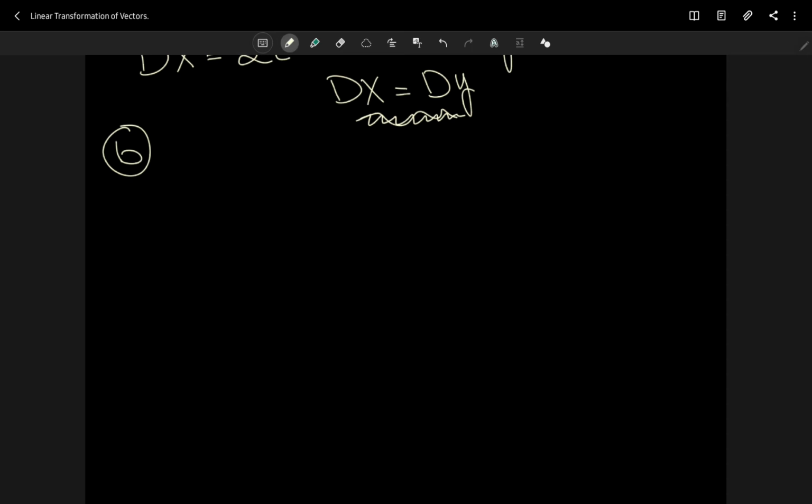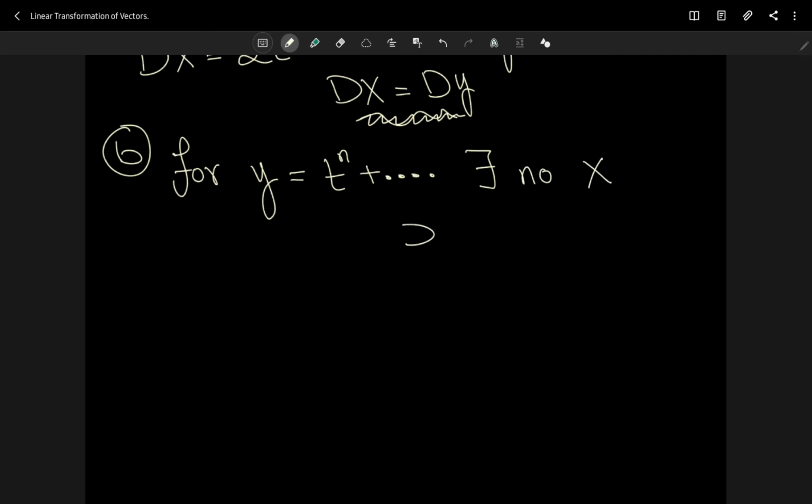So for this we could take some y that is t^n plus some other terms, right? There exists no x such that if I were to do this Dx, I could get back y, right?